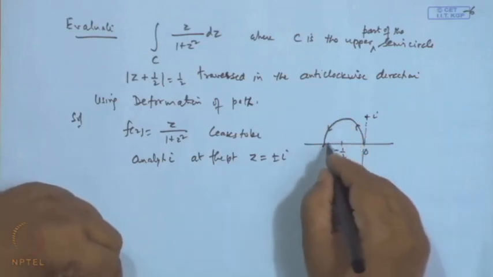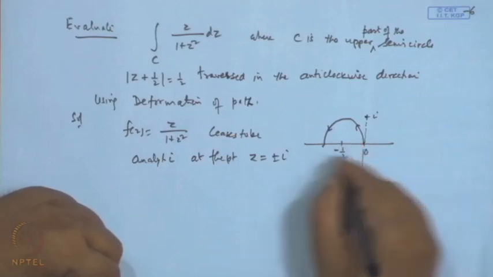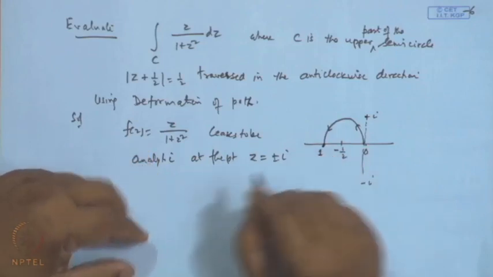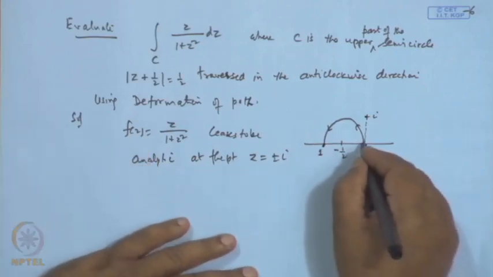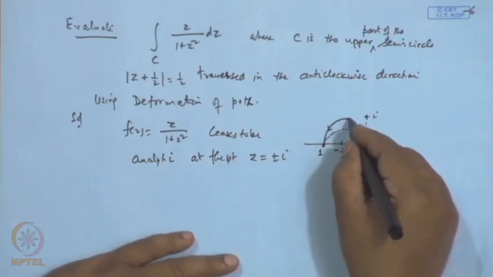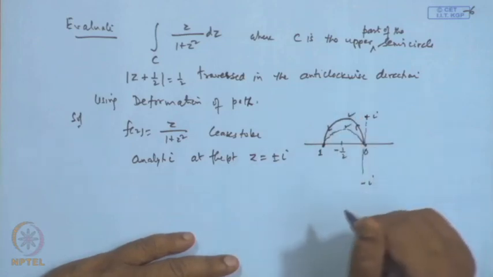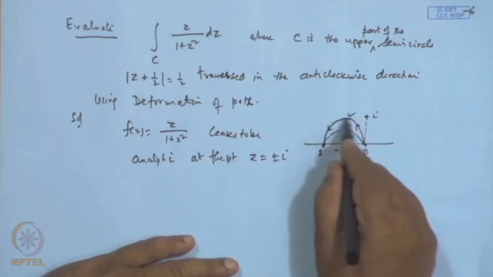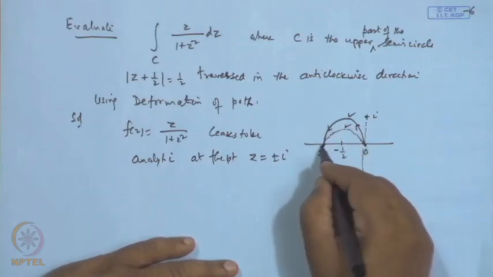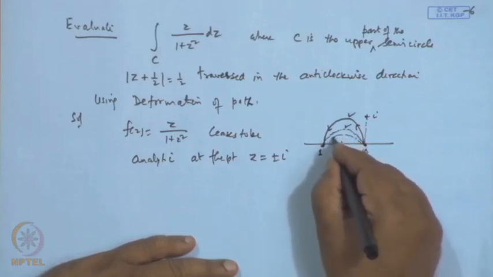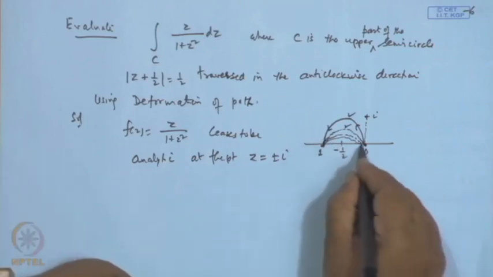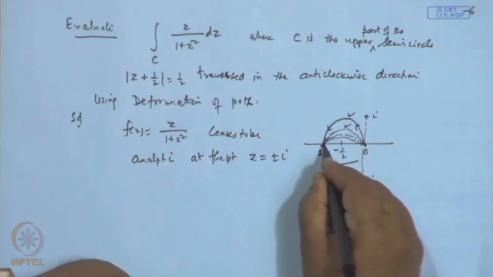Therefore, if I join these 2 points, I keep them as they are. This is 0, this is minus 1. If I keep these 2 points intact and draw curves joining these 2 points, then the integral along this curve will be the same as the integral along this curve, because the function is analytic throughout all these points and the initial and terminal points are intact. So, if I keep on changing, then I will take only the simplest path, and the simplest path is this, from 0 to minus 1 along the x axis.